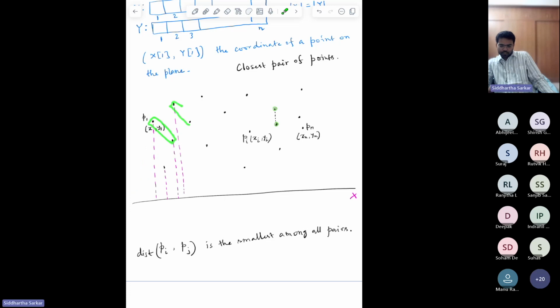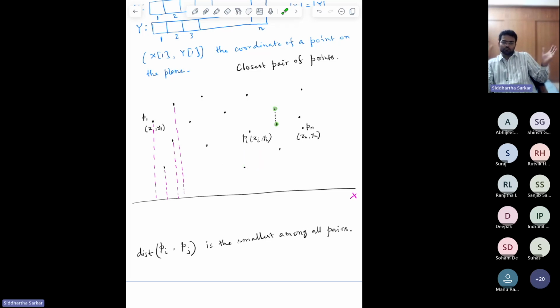Like previously, to take this point, find the distance of this point with everything else. That is n-1 time. Again, this point n-1 time, but then you can avoid duplication. So n choose 2 time is always sufficient. You know for a fact that you are not going to take more than n into n-1 by 2 time. But the question is, can we do better than this?